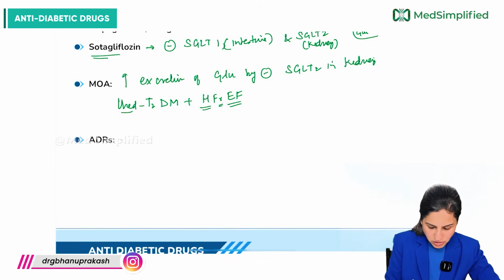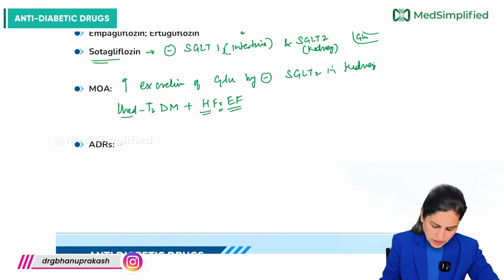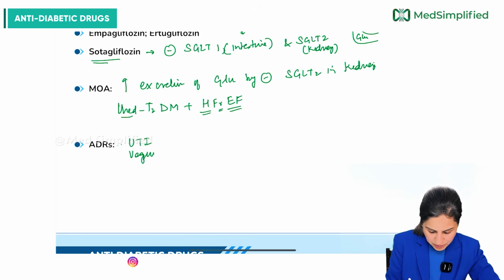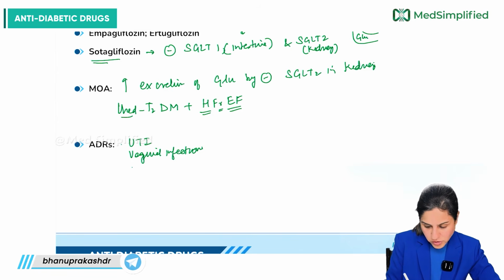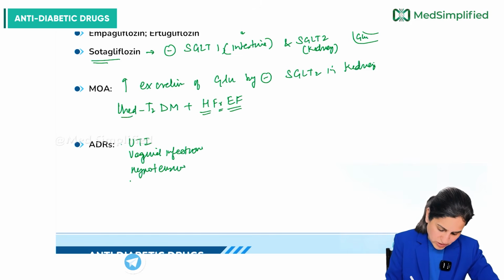ADRs. Because most of the glucose is going to go into the urine, there is a risk of urinary tract infection. In females, there can be a risk of vaginal infections. Because sodium is being lost, it can lead to hypotension. Very rare, but yes, it can lead to diabetic ketoacidosis.